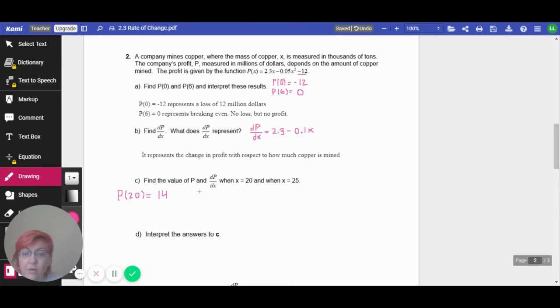Okay, now P of 25. All right, let's plug 25 into our original equation. 2.3 times 25 minus 0.05 times 25 squared minus 12, and I get 14.25.